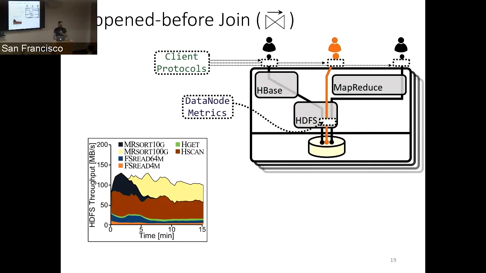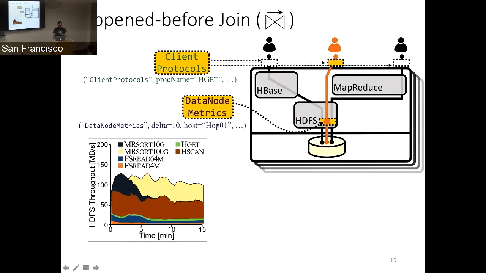Okay, so let's suppose that a request first passes through these client protocols, and it produces a tuple in the client protocol that says name is client protocols, the procedure name is hget, and then we read off a bunch of stats about that. Then the request goes down to HDFS, hits this other trace point, data node metrics, which we saw earlier.